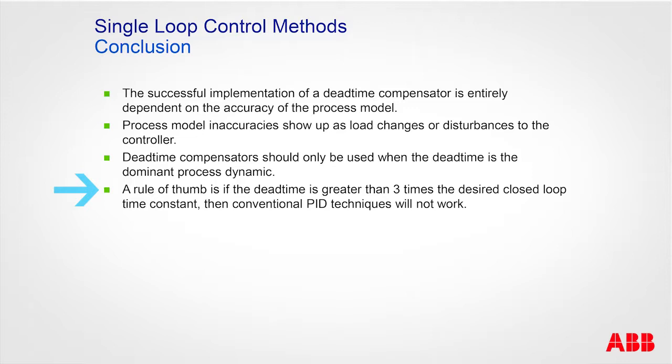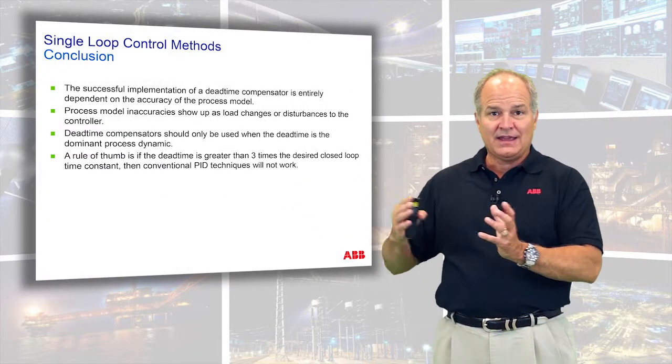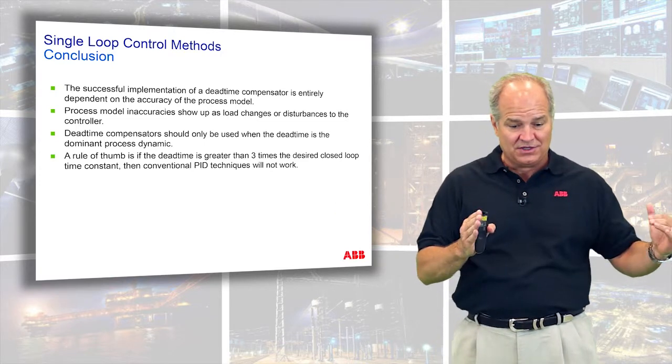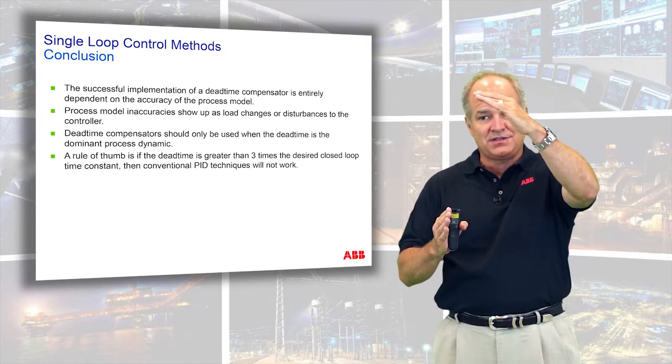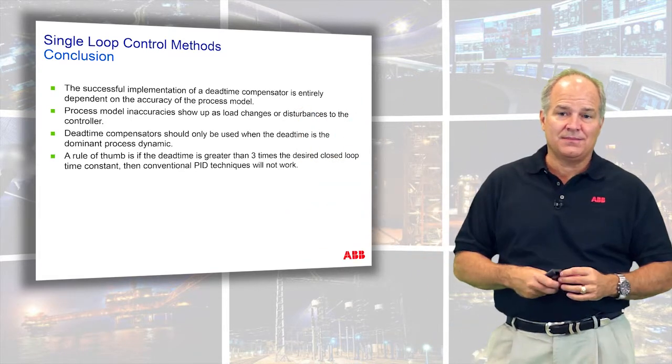Again, for a purist, you'll not like it, but the rule of thumb is if the dead time is greater than 3 times the desired closed loop time constant, then conventional PI techniques just don't work. So if our dead time is really big relative to our closed loop response, and that ratio of 3 is in there, you just can't do it with a PID, because your integration over the dead time will be so much, you'll result in ringing. And you just have to go to a dead time compensator.